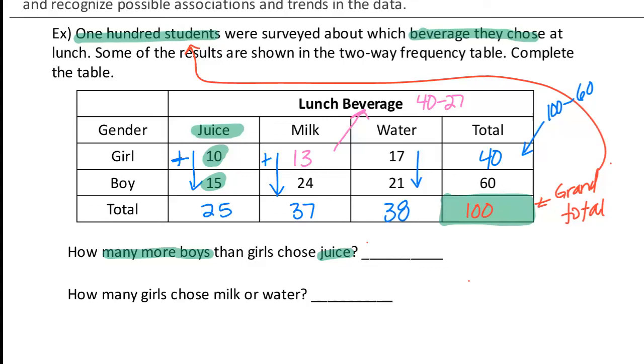How do we get 5? 15 minus 10 gives you 5.